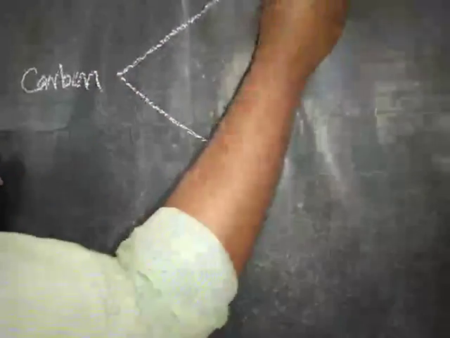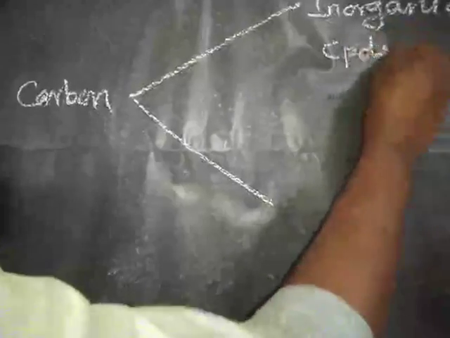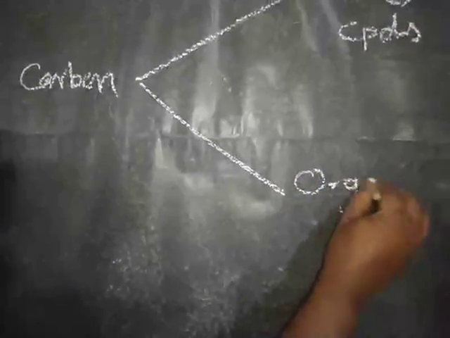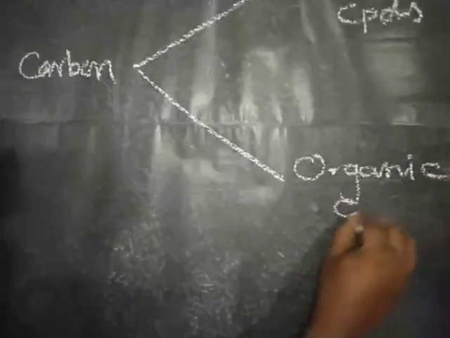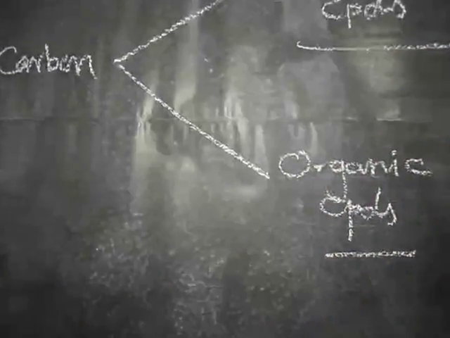Carbon combines with a few elements to make organic compounds, and in the same way, with a few elements to make inorganic compounds.